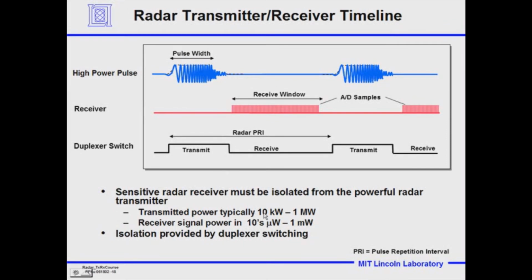Transmitters typically can transmit peak power signals from 10 kilowatts to a megawatt. Megawatt, think of that. And the received signals can be tens of microwatts to a milliwatt. So we're talking about 90 dB approximately, 9 orders of magnitude. We want that switch to isolate one from the other.